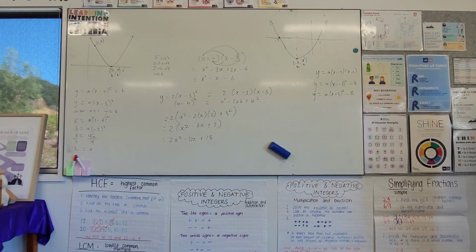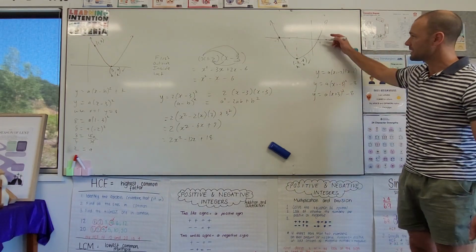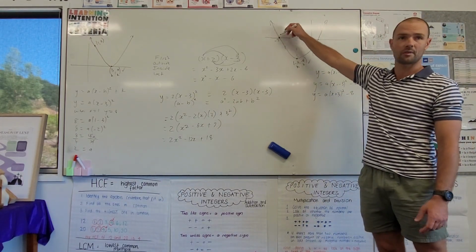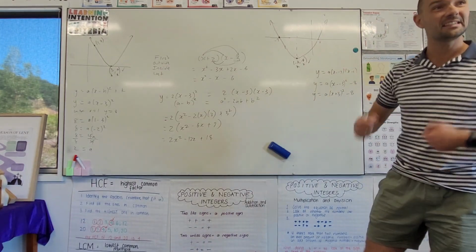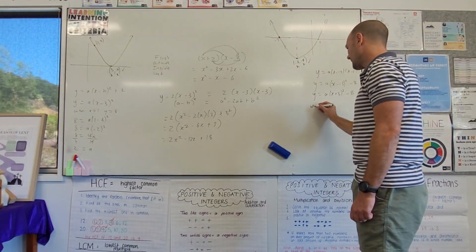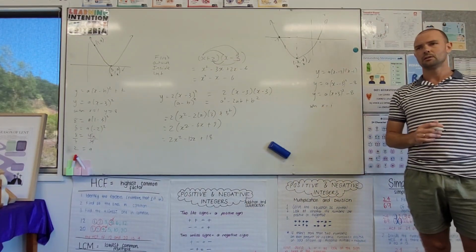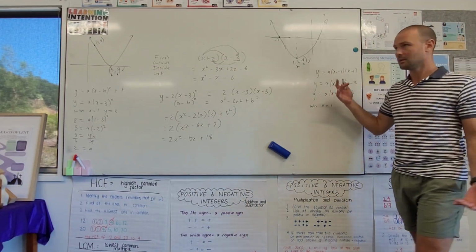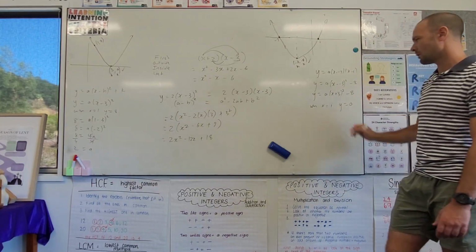Vertex form. Now, we need to use another piece of information. We've used the vertex, which means we can either use this one or this one. Doesn't matter. Let's go with x is 1. That's a much easier number to manipulate than x is minus 7. So when x is 1, what's the y value here? When x is 1, y is 0. Very good.